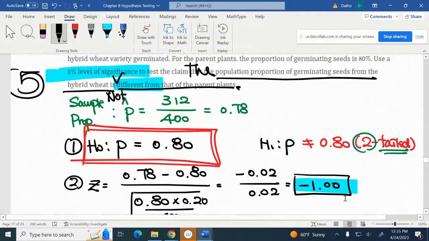We just deny because we did not reject H0. So we have to interpret what it means, H0 equal to 80%. That is, it is not different, right?